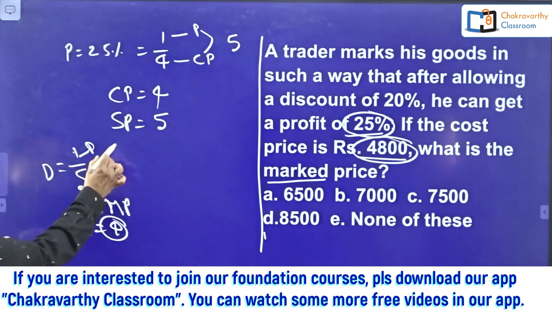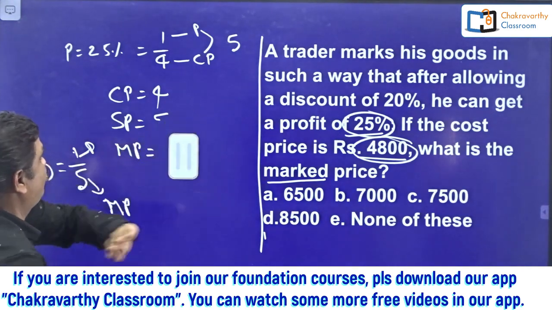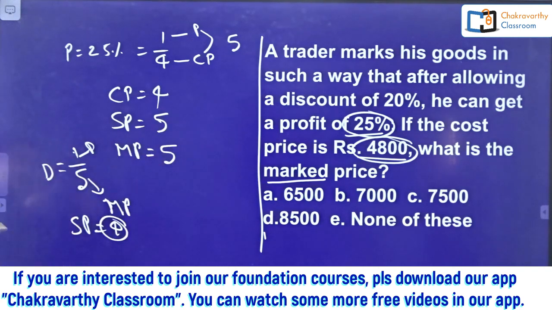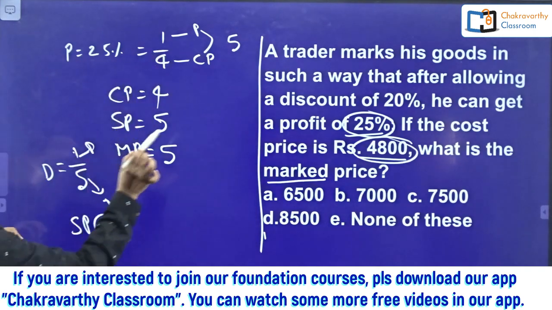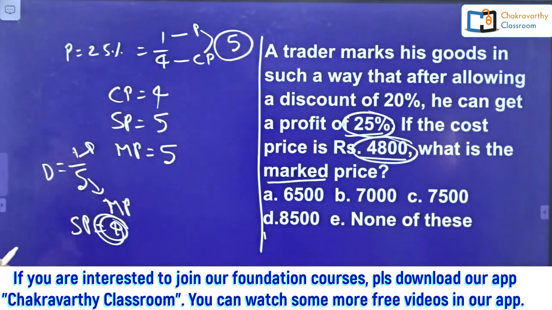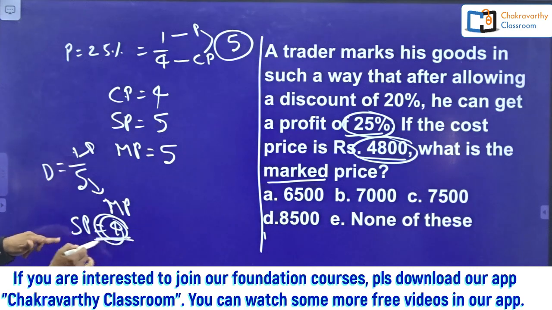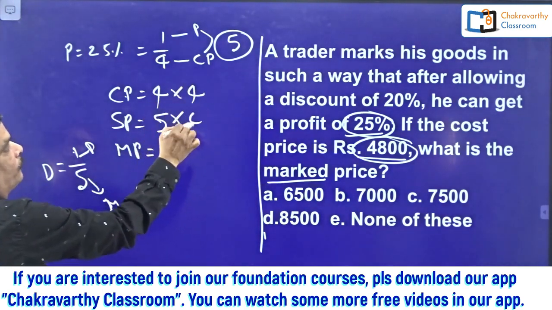But you have to match the equation. How to match it? If you take market price as 5, then the match should be there because selling price here is 4, here selling price is 5. For that reason, this cost price and selling price must be multiplied by 4, into 4, into 4.